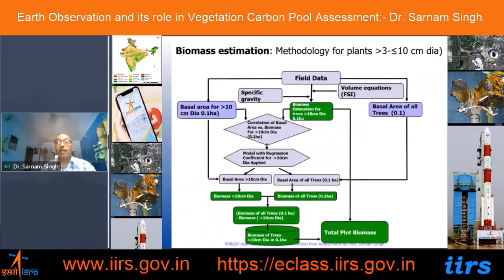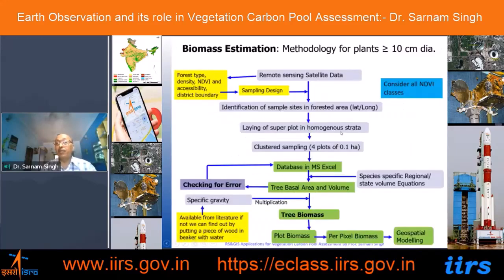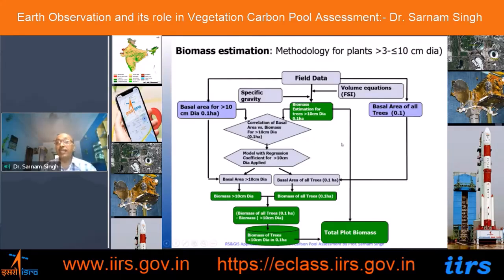This is a little complicated methodology for plants which are less than 10 centimeter in diameter. This methodology is for more than 10 centimeter; this is less than 10. It is very complicated, so I will skip it at this moment. But if somebody is interested, they can go through my publications. The whole methodology is explained there.